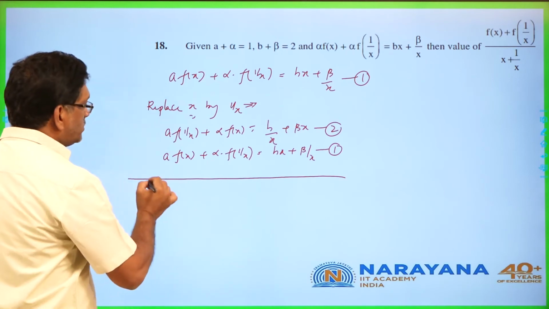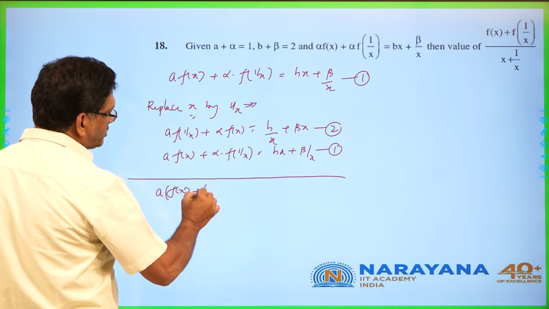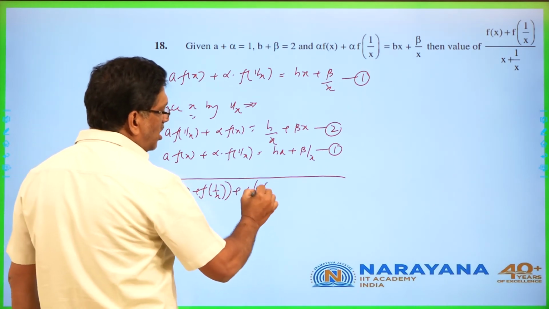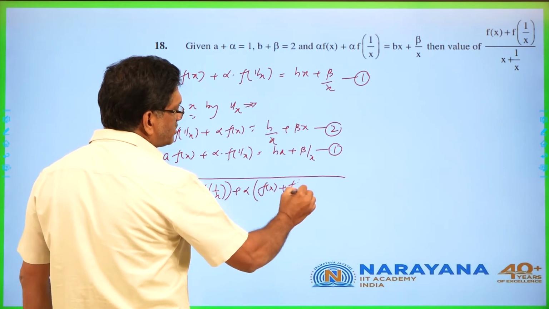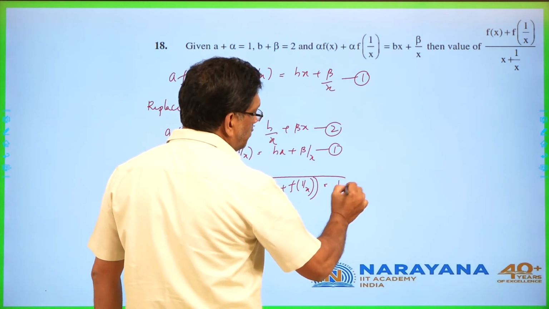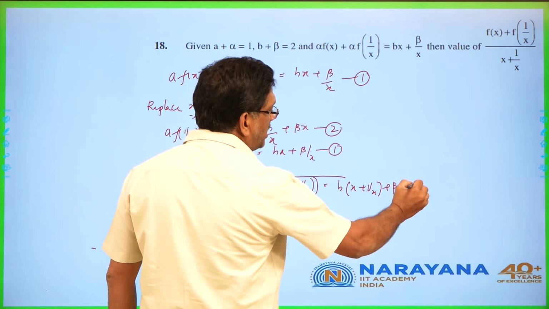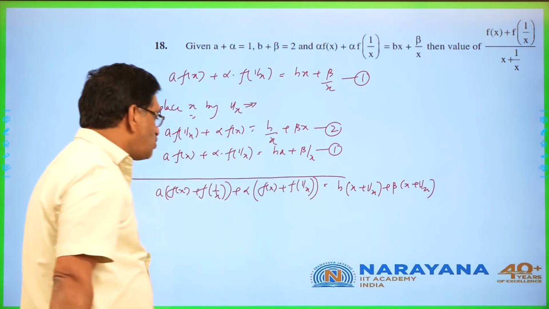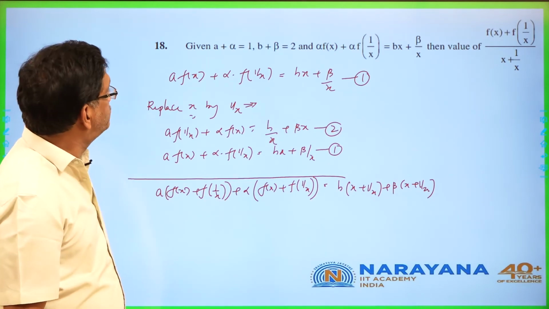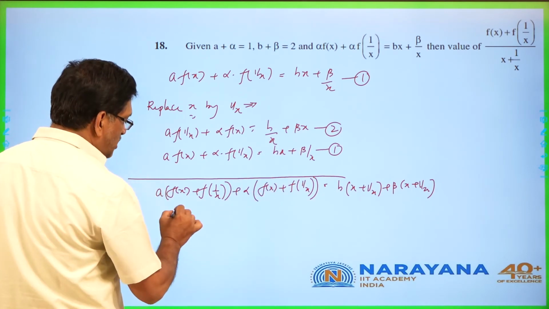So when you add here, this is a into (f of x plus f of 1 by x) plus alpha into (f of x plus f of 1 by x) is equal to b into (x plus 1 by x) plus beta into (x plus 1 by x). From these two, I can take this term common, and a plus alpha goes to the other side.